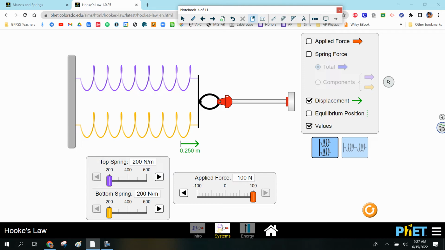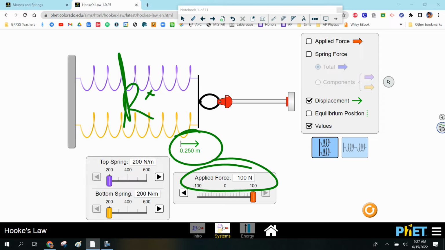Notice here our spring constant got bigger, which meant the distance it stretched got smaller. So this is a bigger K and a smaller x, for the same amount of applied force.